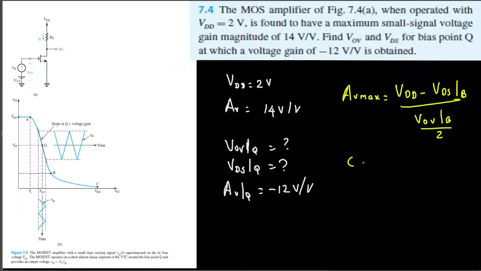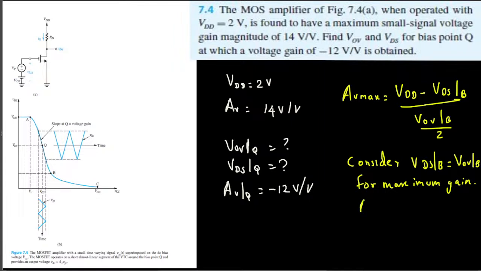So consider VDS at B is equal to VOV at B for maximum gain. Then we can replace VDS at B with VOV.